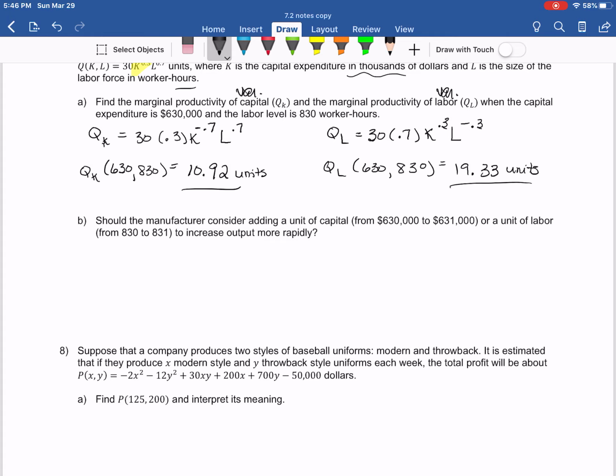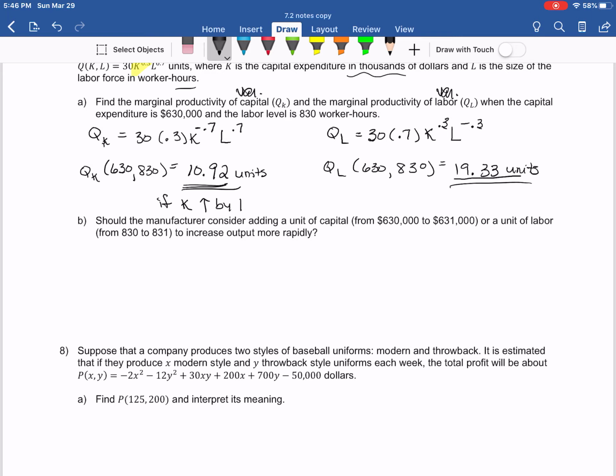So the first output told you that this is your increase in productivity if K goes up by 1. So if you go from $630,000 to $631,000 in capital expenditure, the increase in productivity is 10.92 units.